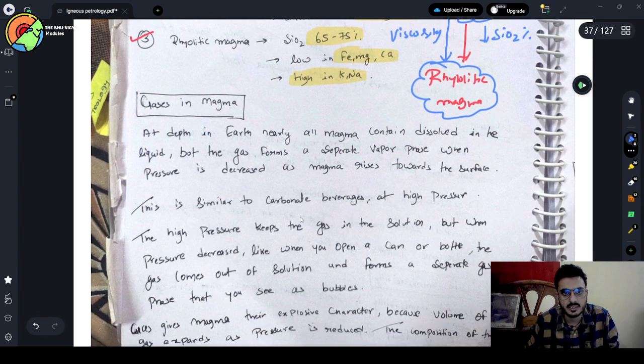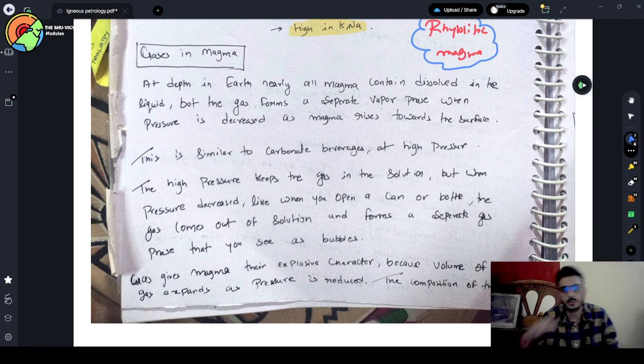Now if we see the gases in magma, when the magma is at a certain depth where the pressure is very high, these gases are dissolved in the magma. When this magma erupts through the volcanic vent, the pressure in the atmosphere is less as compared to the pressure underneath. Because of the lower pressure, the gases dissolved in the magma are no longer able to stay dissolved.